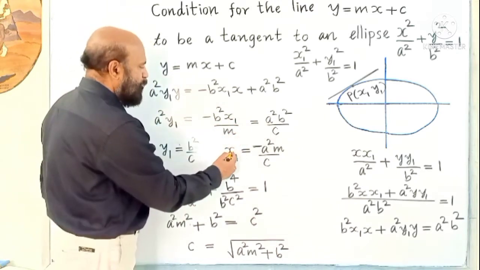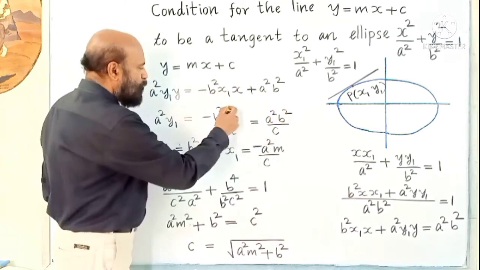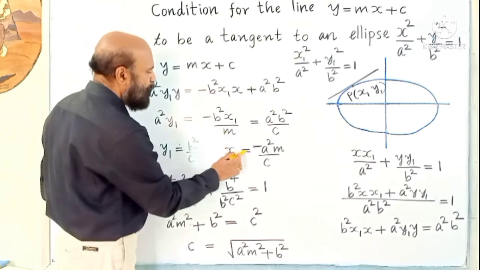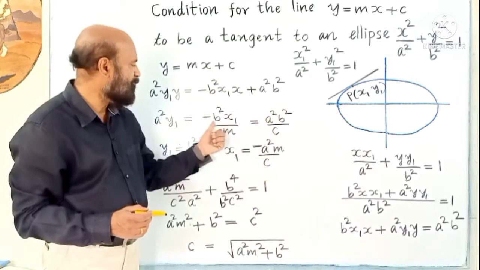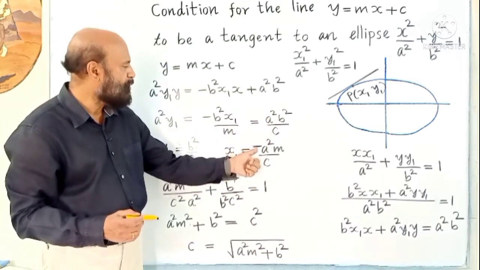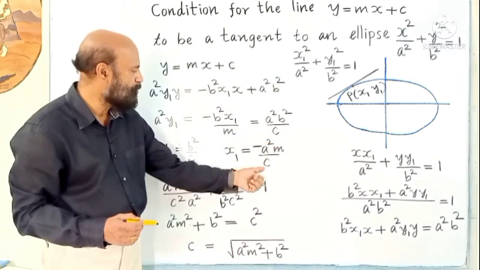So now x1 is equal to a², then this b² will get cancelled, then this m will be taken to the numerator, then c, and this minus is taken to the other side. So x1 is minus a²m/c.